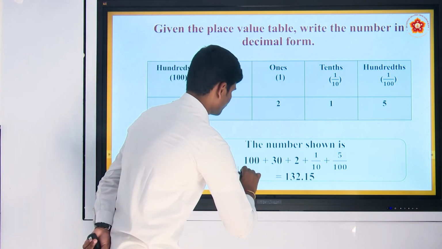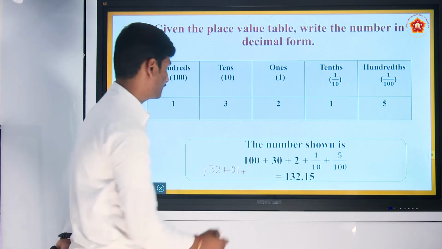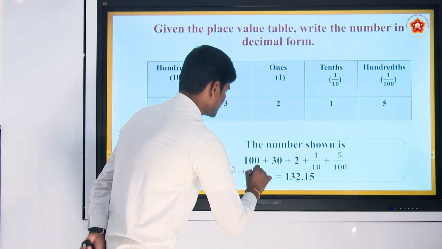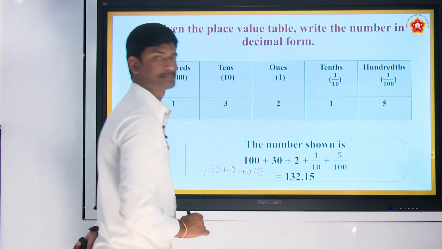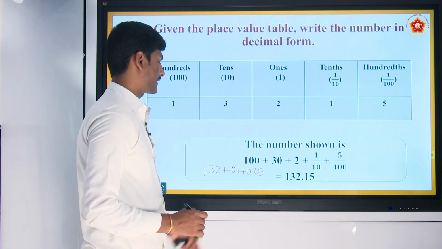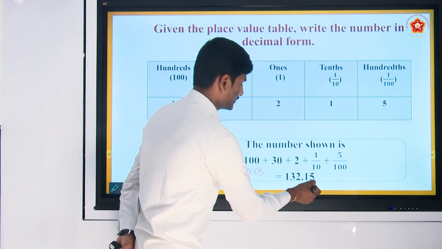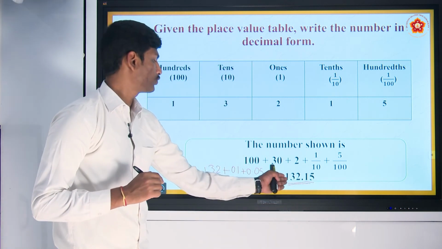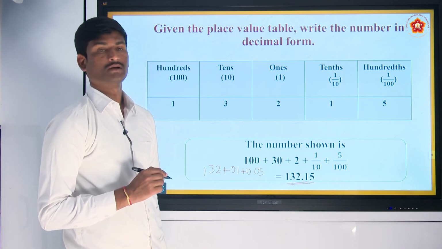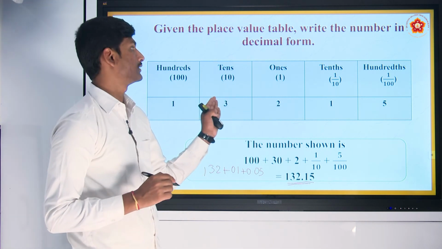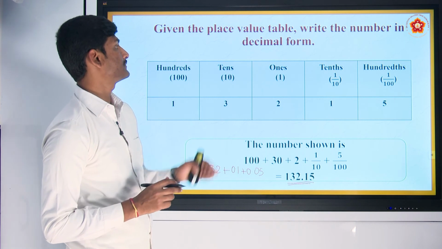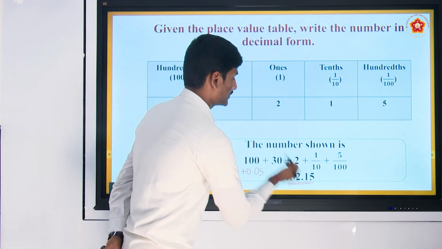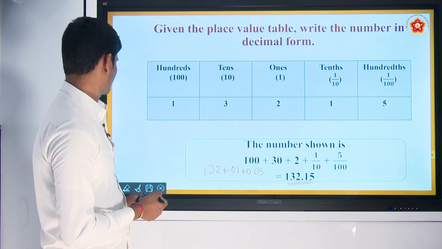Then 5 by 100 means 0.05. These numbers added, finally we get 132.15. In the given place value table, we write the number in decimal form as 132.15.